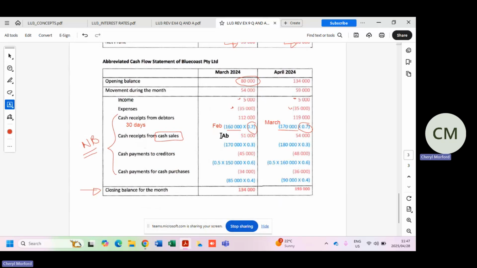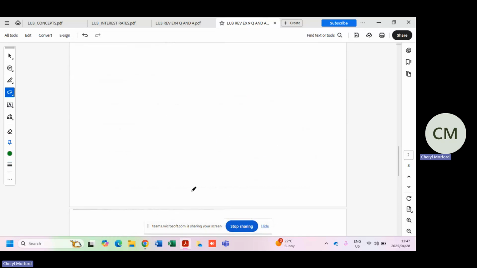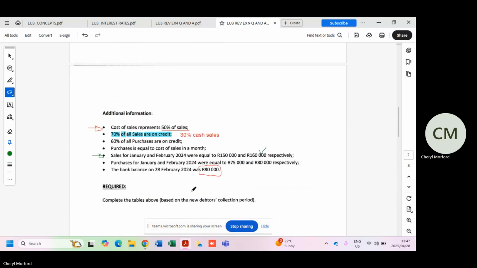The next thing that we're going to look at is going to be our purchases. So let us begin, first of all, with the cash purchases. So we need the percentages. So up here in the question, here's something to do with purchases. Yes, 60% of all purchases are on credit.